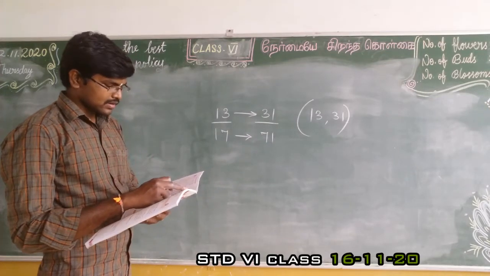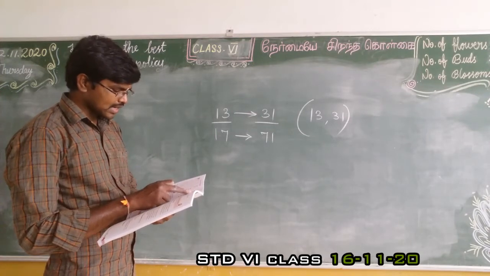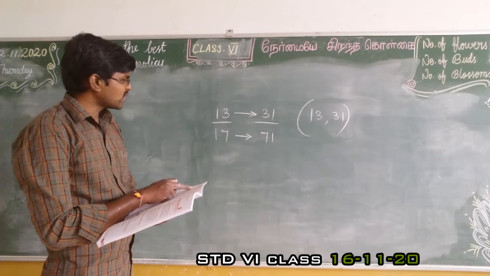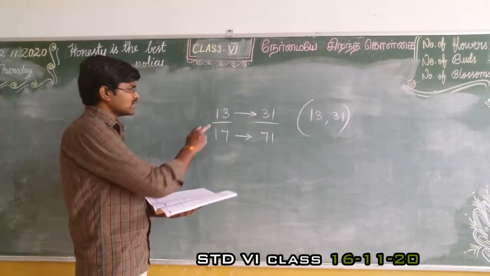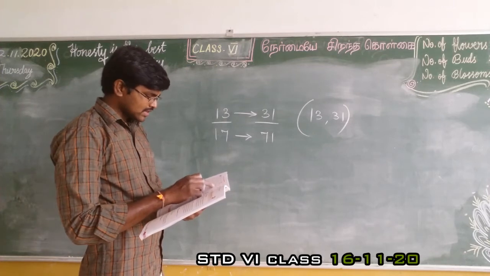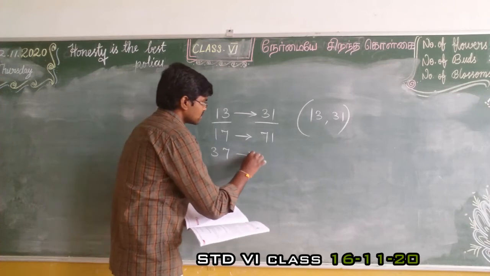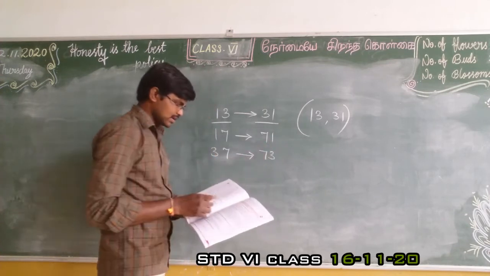Next, 19, 91 is not there. 23, 32 is not there. 29, 92 is not there. 31, 13, so already we wrote it. So 37, 73.